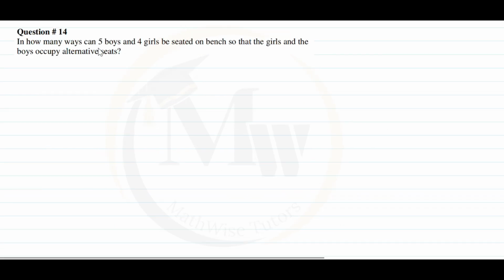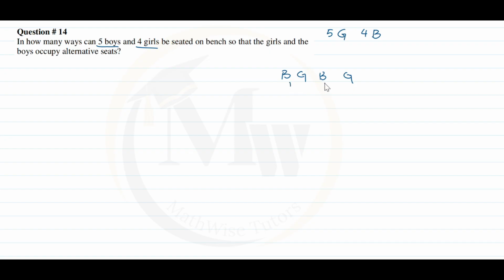Now here's the question: in how many ways can 5 boys and 4 girls be seated on a bench such that the girls and boys occupy alternate seats? There are 5 boys and 4 girls. We have to arrange them in alternate ways: boy, then girl, then boy, then girl.